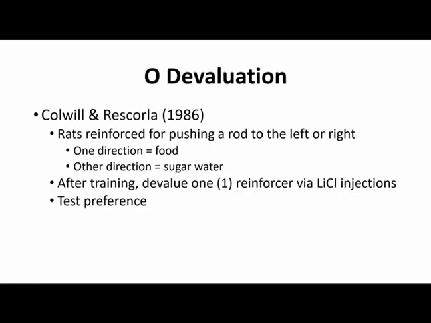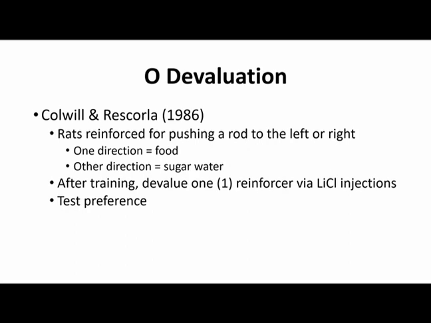And this is another situation where the textbook has an example, but I'm going to use a different one. This is a study done by Colwill and Rescorla in the 80s, where rats were reinforced for pushing a rod either to the left or the right. Going in one direction, say the left, would get them food, and going in the other direction, say to the right, would get them sugar water, both of which are appealing.